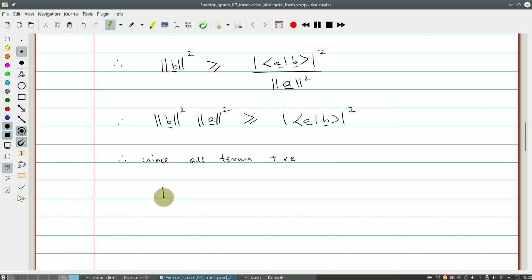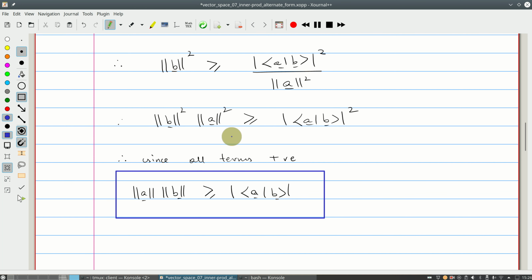We can take the square root to give us, let's put it in its right form, the norm of a times the norm of b is greater than or equal to the modulus of the inner product of a with b. And that's the Schwarz inequality.